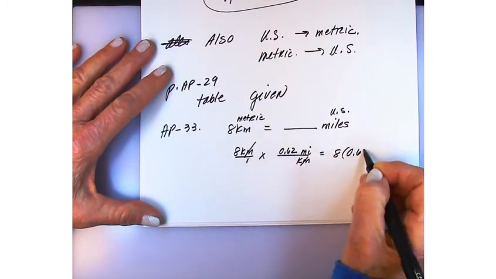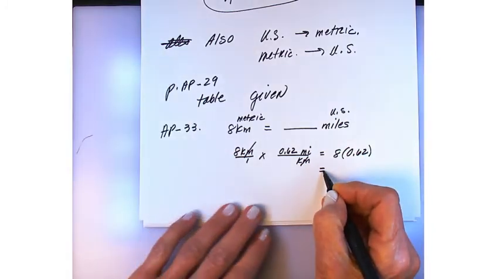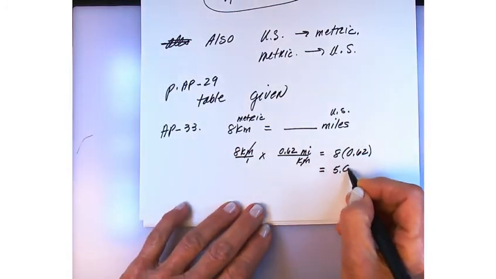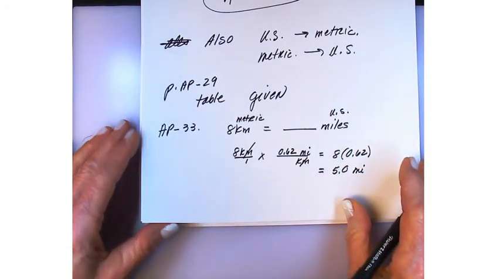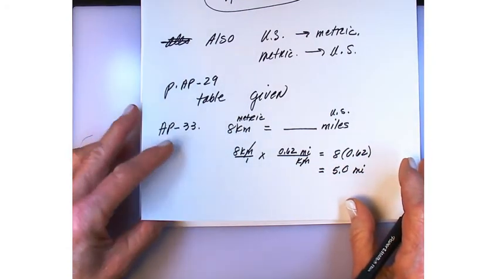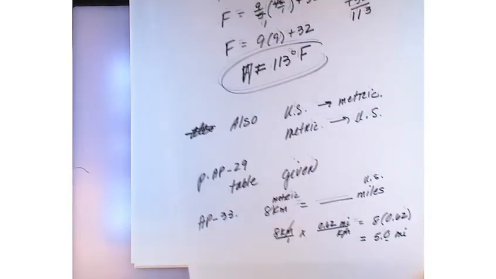You get 8 times 0.62, and you're going to get 5.0 miles. And the direction said to round to the nearest tenth, and I did that. Okay, so the part you want to decide is whether to use the left table or the right table.